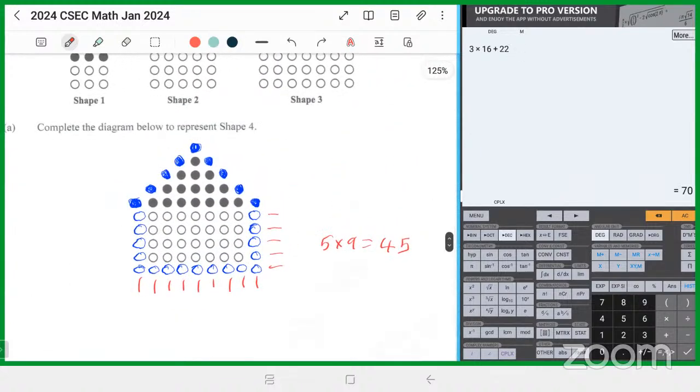So let's just check that quickly for a total of 70. So we can do it line by line. So this line has 1, 2, 3, 4, 5, 6, 7, 8, 9, and there are 2 less each row up, right? So starting with 9, then 7, then 5 above that, then 3, and then 1 at the top.